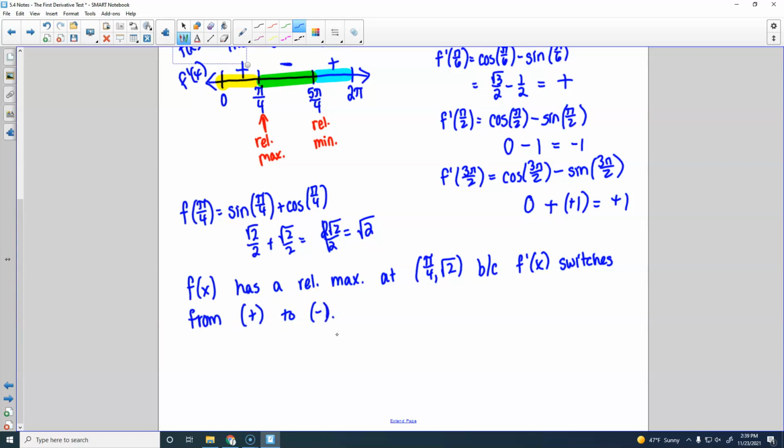You cannot say increasing and decreasing because, first of all, the derivative is not switching from increasing to decreasing. The derivative actually could be decreasing and positive. Positive means above the x-axis.